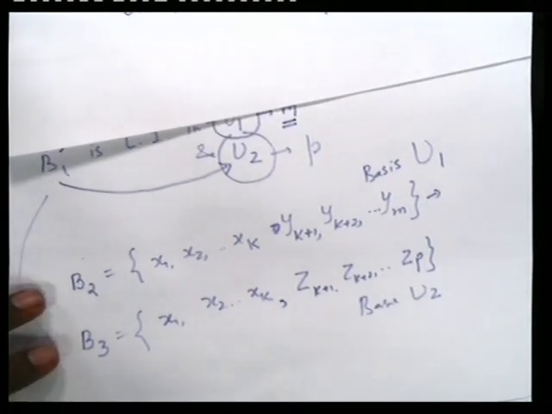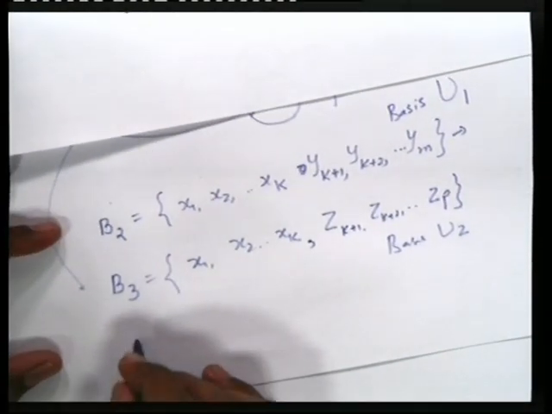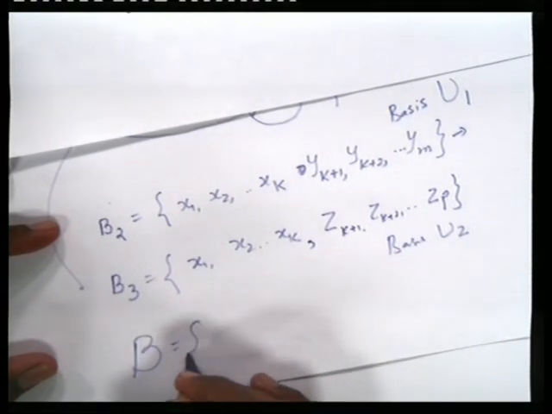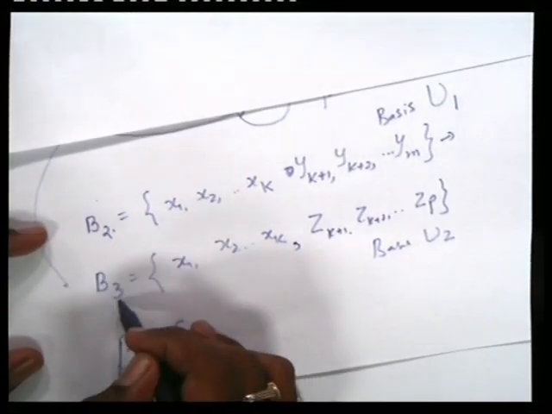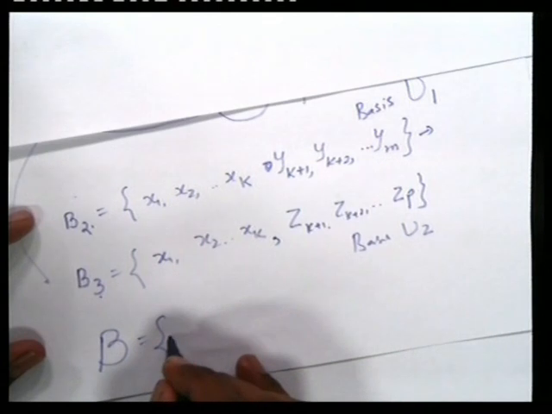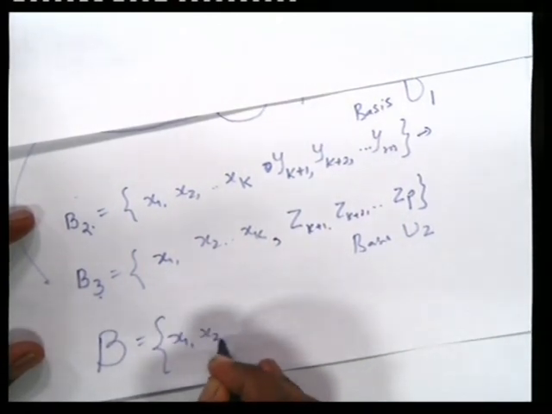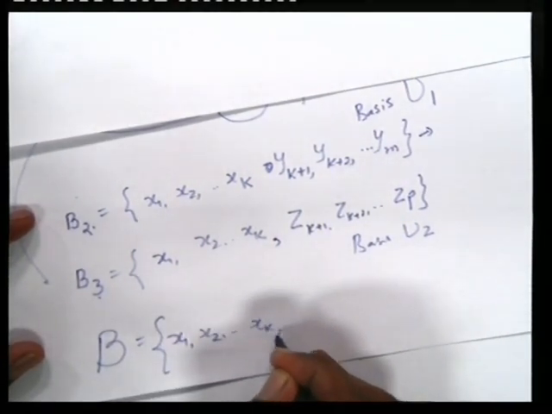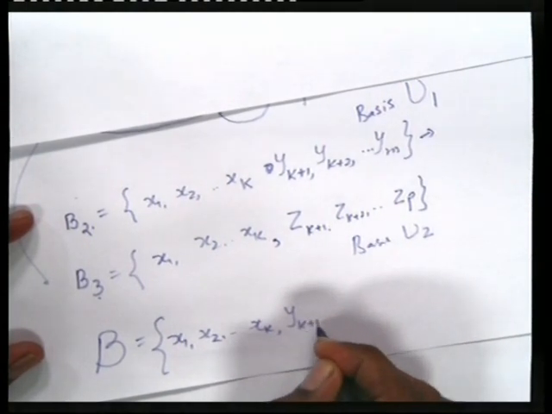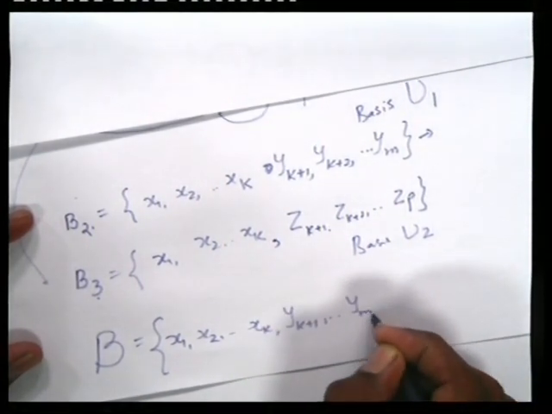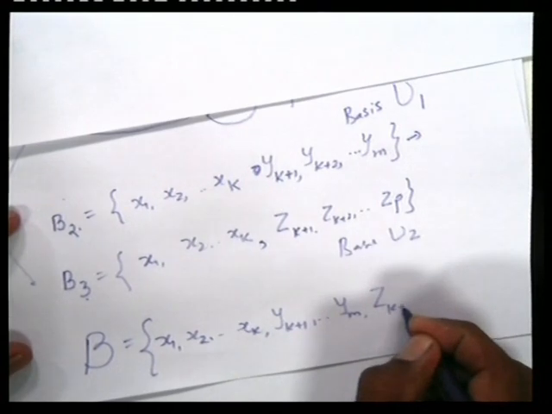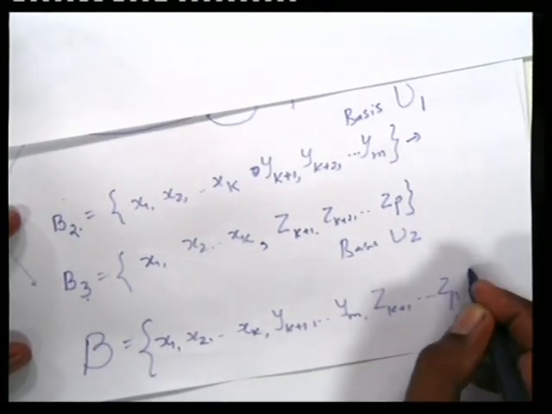Using these two, we define a set B as B2 union B3. That means the vectors x1, x2 up to xk, yk plus 1 up to ym, and zk plus 1 up to zp.